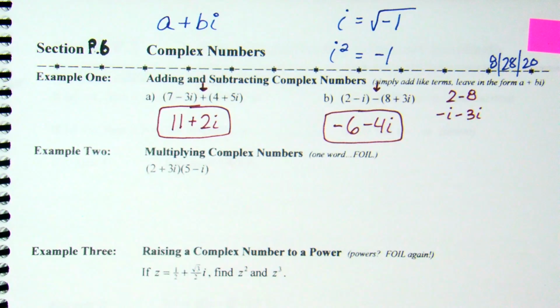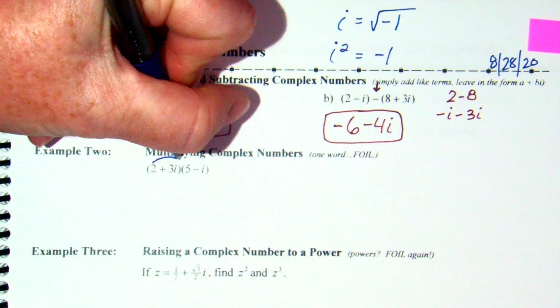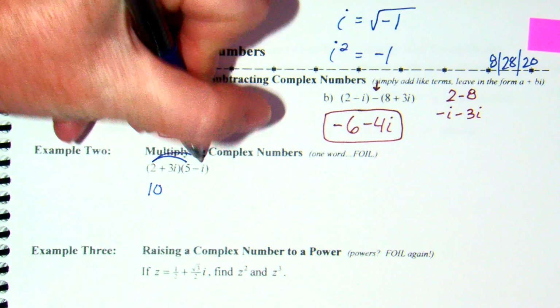Outsides. 2 times minus i is -2i. Insides. 3i times 5 is plus 15i. And last, 3i times minus i is -3i squared.